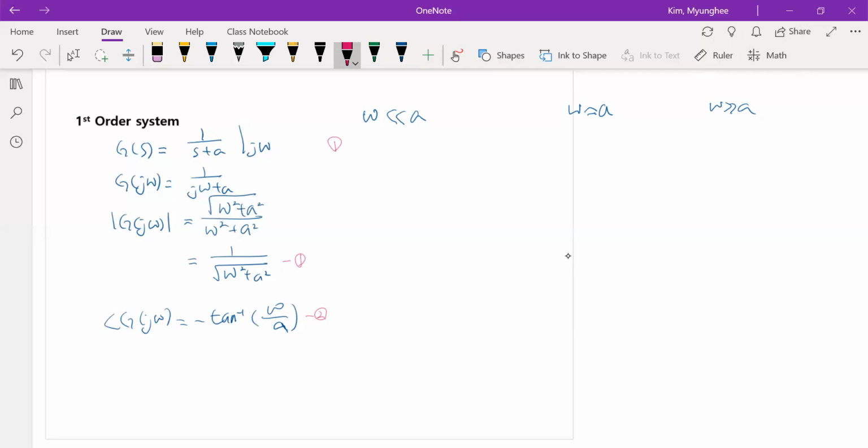So the magnitude almost becomes 1 over a. We can also see this from the original equation. If omega is very small, the denominator is almost the same as a. Then from equation 2, the angle, also if omega is very, very small, the angle becomes almost 0 degrees.